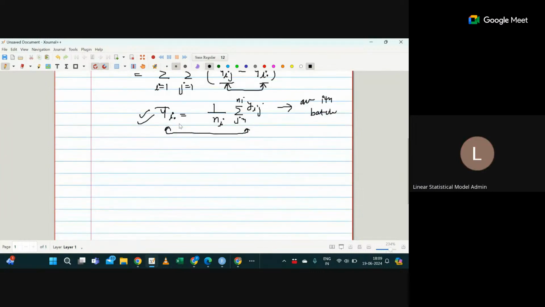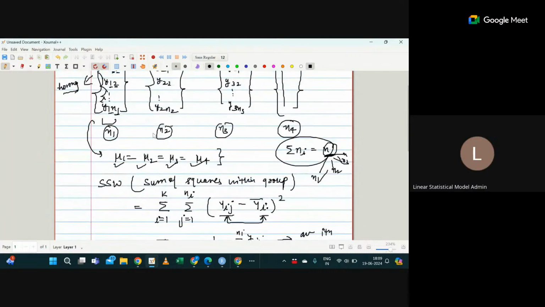Y bar i dot means, if I write y bar 1 dot, it means 1 upon n1, the number of observations, and the addition of all the observations, y11, y12 up to y1n1. That is the meaning. Are you getting it? Yes, sir. Okay. Got it. Now what we are doing, we are taking one second.